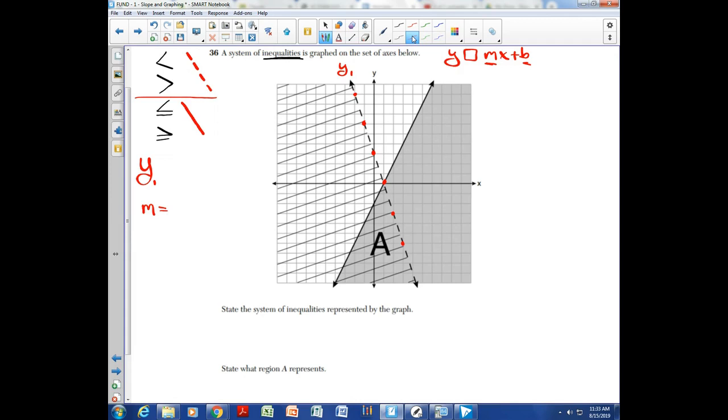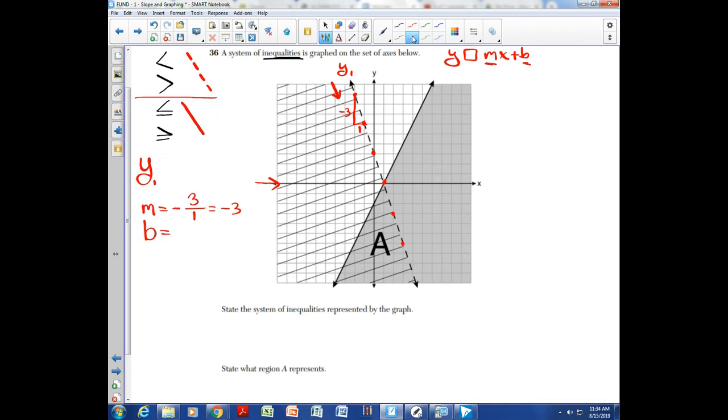I could see, first of all, that the dotted line going from left to right is going downward, which means that my m is going to be negative. And the change in y is the number I put on top of my slope. So I can see that I'm going down 3 and across 1. Well, that would be negative 3 over 1, which is the same as a negative 3 slope. Great.